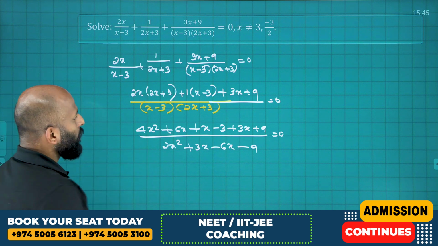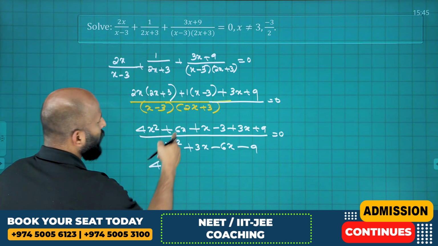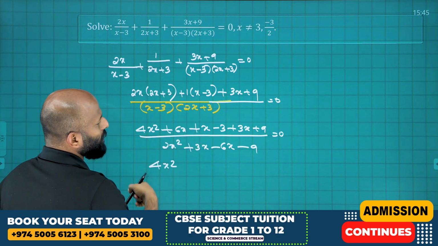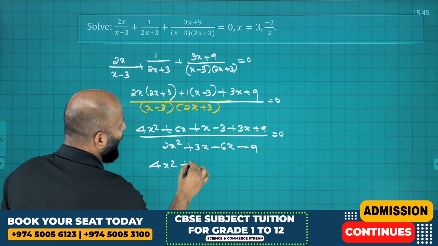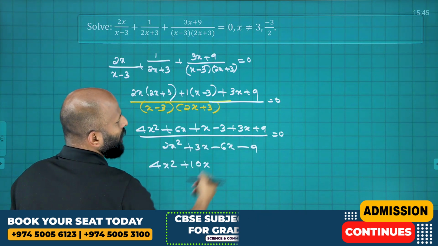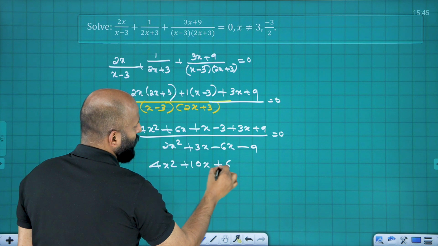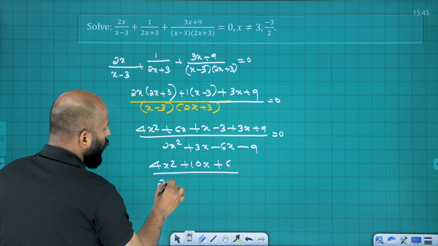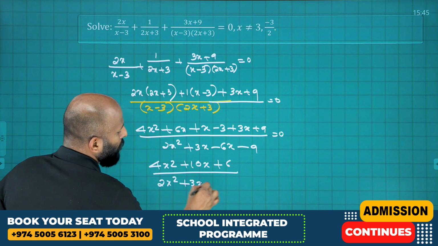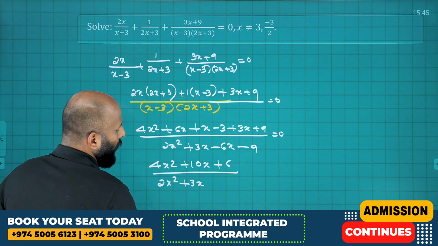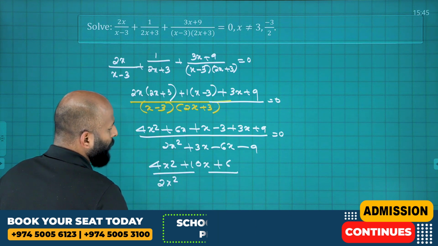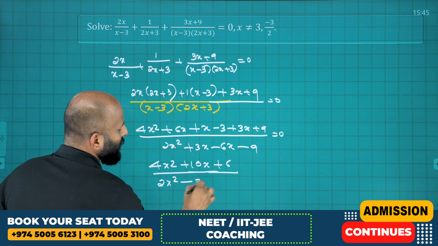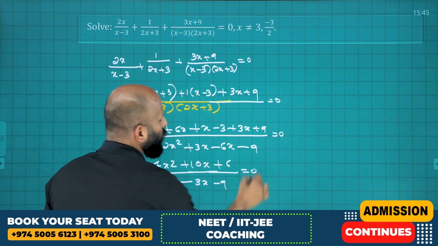So 4x square, then 6x plus 1x, that is 7x, 7x plus 3x, that will be 10x, then minus 3 plus 9 becomes plus 6. So here 3x minus 6x becomes minus 3x, minus 9 is equal to 0.